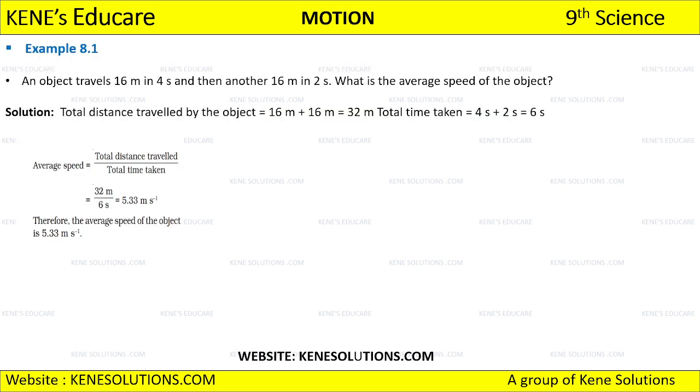After this, we discussed this example 8.1 for calculating distance. So I hope every one of you is going through it.